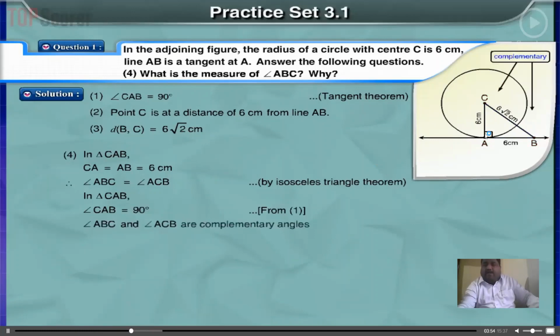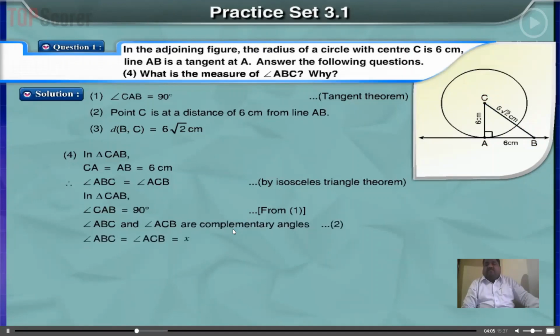Therefore, angle ABC and angle ACB are complementary angles. They are equal. Suppose that their measure is x. Therefore, angle ABC plus angle ACB equal to 90 degree, and x plus x is equal to 90 degree.